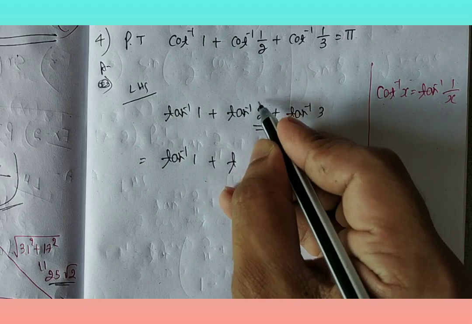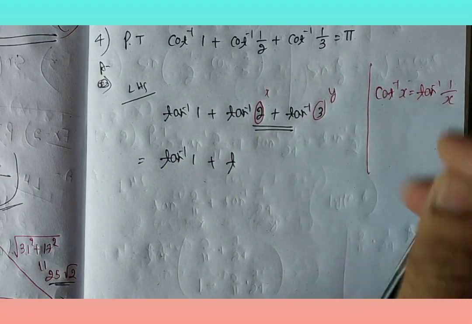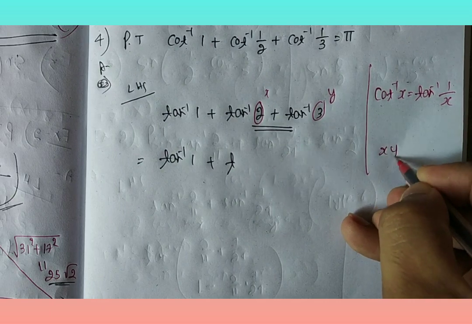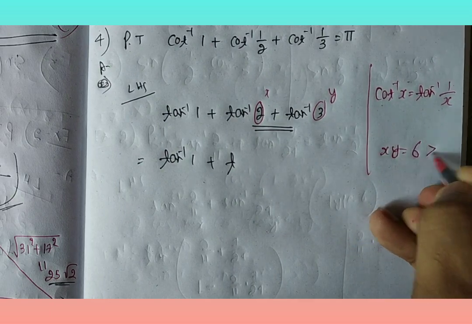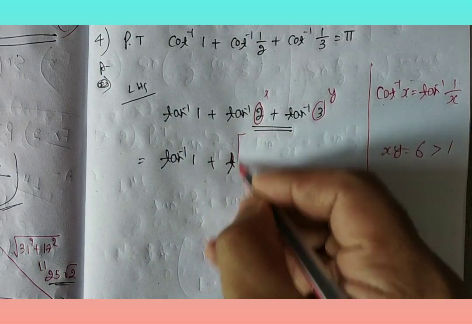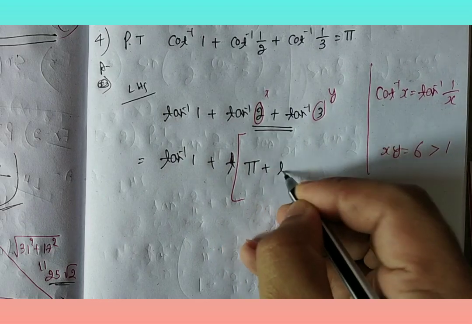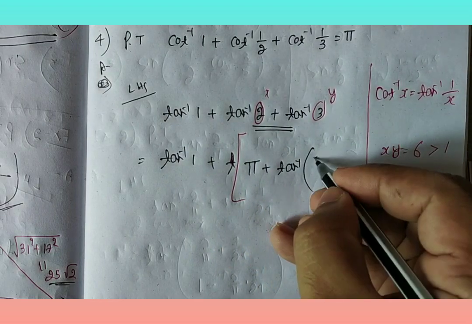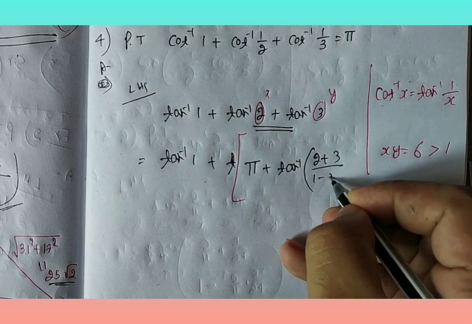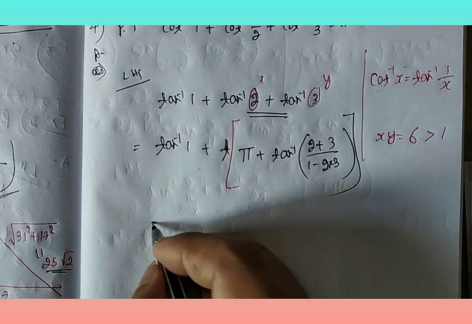Now add these two terms using type 6. Tan inverse x, this is our x, this is our y, and in this case x into y, 6, is greater than 1. That means we have to apply the second formula. Formula is pi plus tan inverse x plus y by 1 minus x into y, and simplify it.